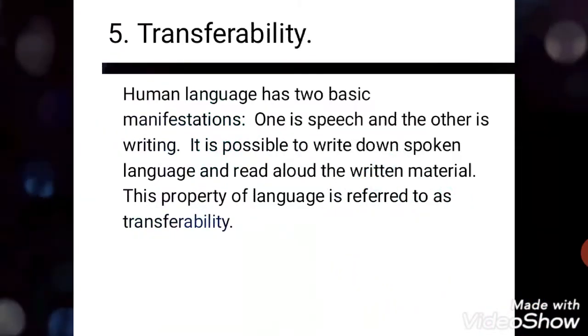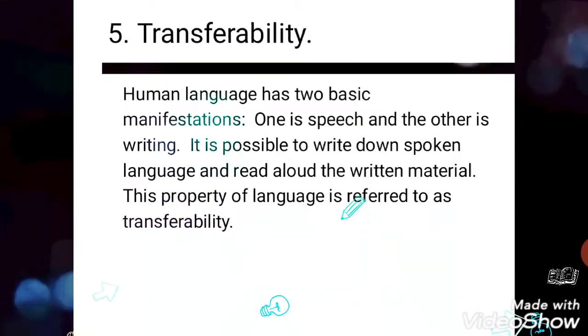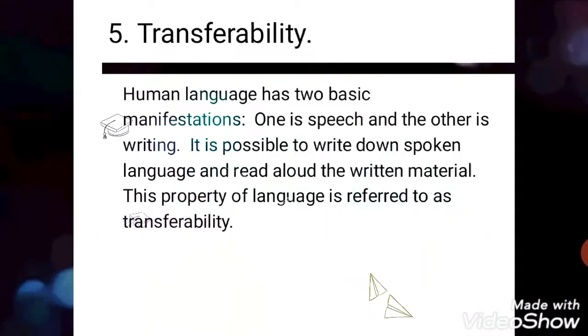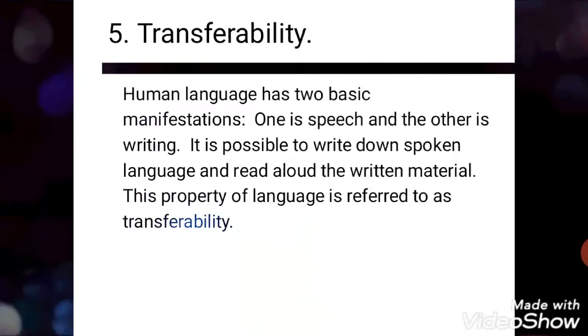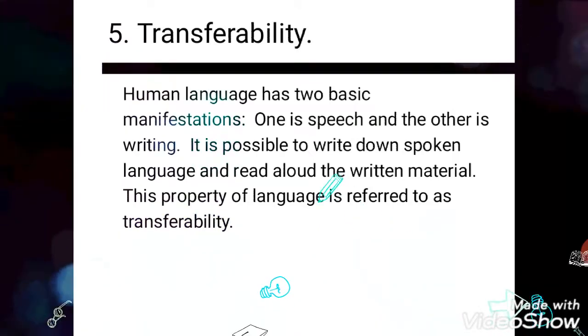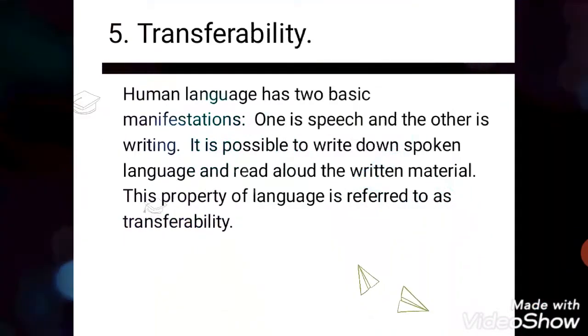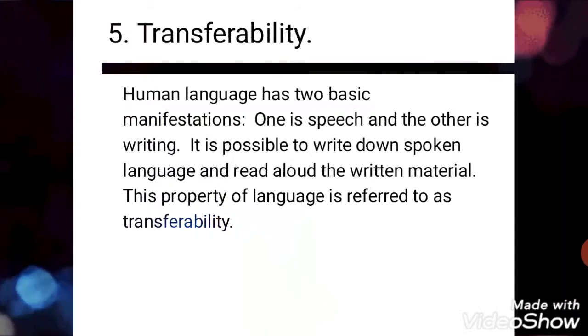This property of language is referred to as transferability. So we can read the things that are already written, and it is possible to write down spoken language. So this property of language is referred to as transferability.